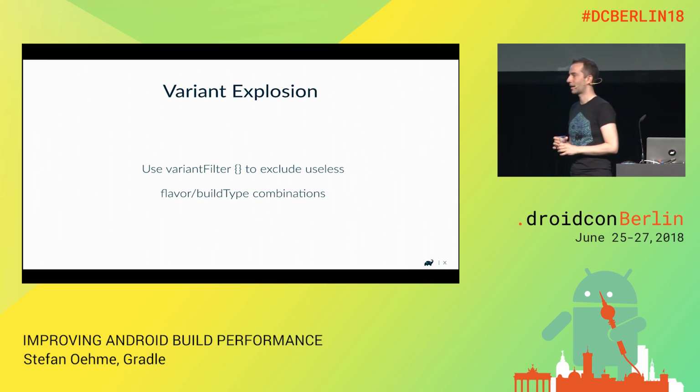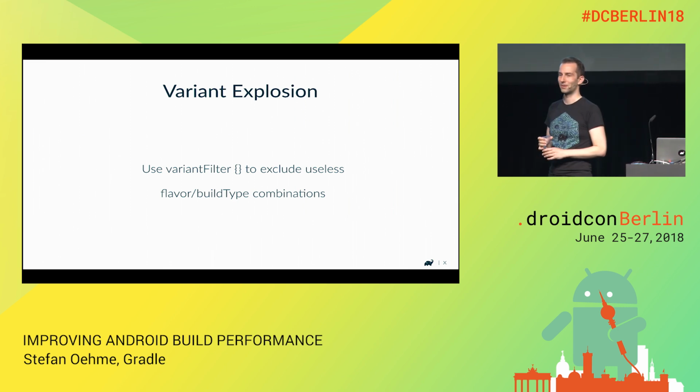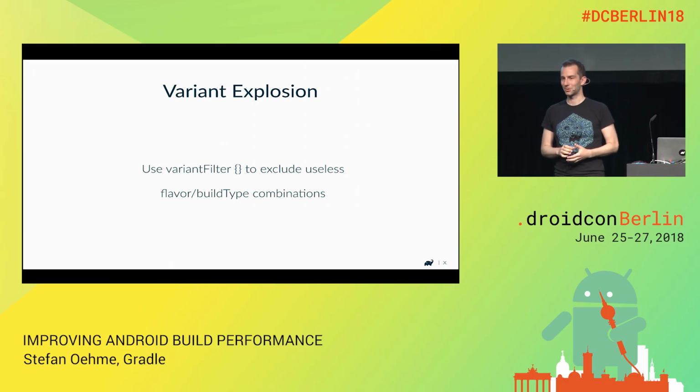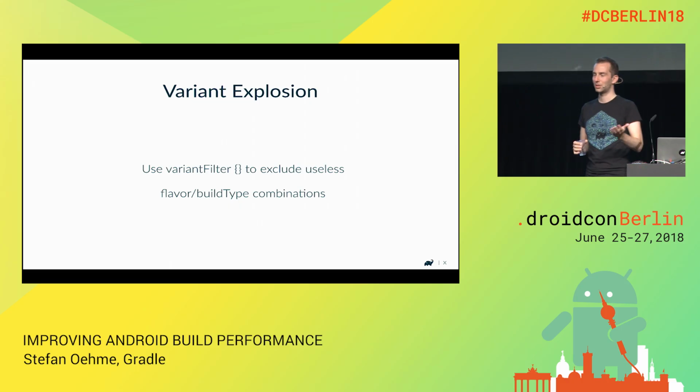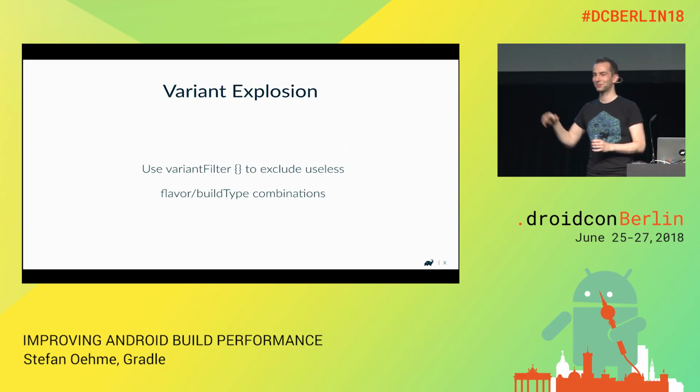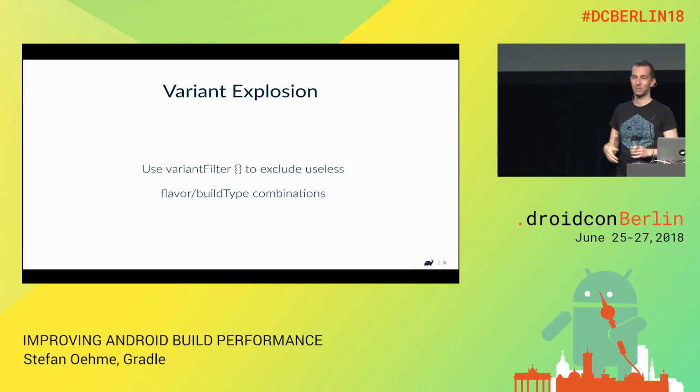And one thing that is very Android-specific is the explosion of variants that you can quickly get. So you all know that you have build types and flavors, or flavor dimensions. And the more of those you have, the more variants you get. It's the cross product of all build types and flavors. So if you have debug and release, and then free and paid, and then you have production, QA, dev, whatever, you're quickly going to end up with 12, maybe 24.